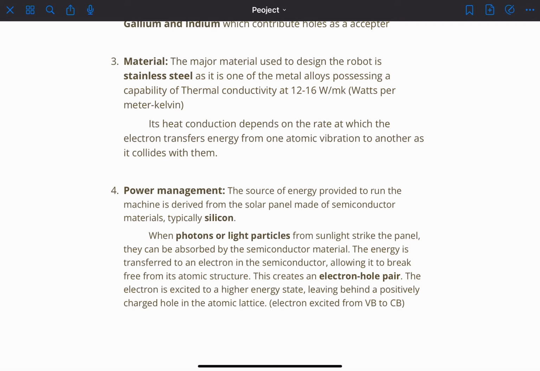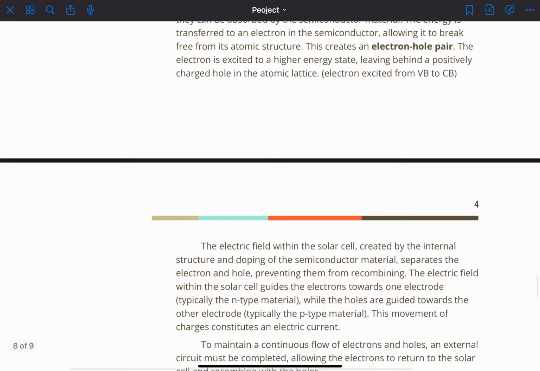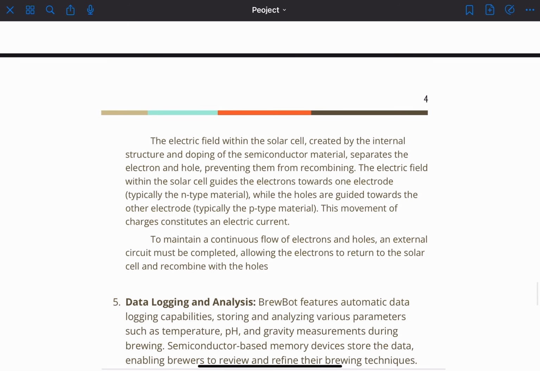To briefly explain, the electron is excited from the VB to the CB. The electric field within the solar cell, created by the internal structure and doping of the semiconductor material, separates the electron and hole, preventing them from recombining. The electric field guides the electrons towards the electrode, typically the N-type material, while the holes are guided towards the electrode of the P-type.